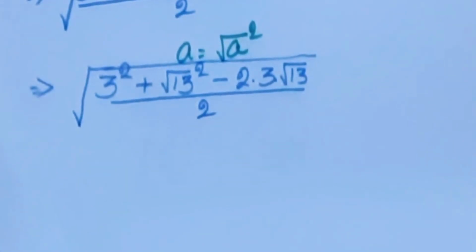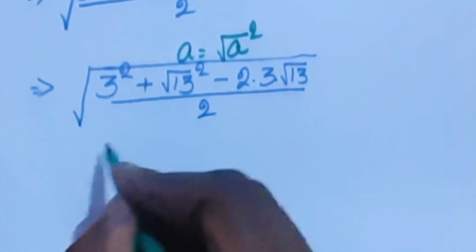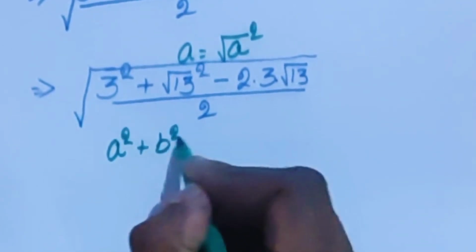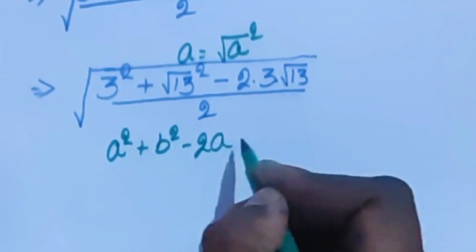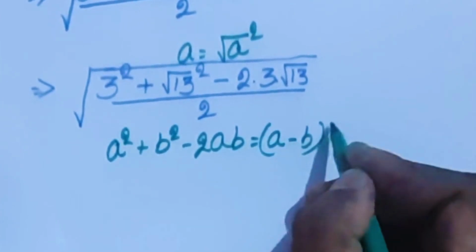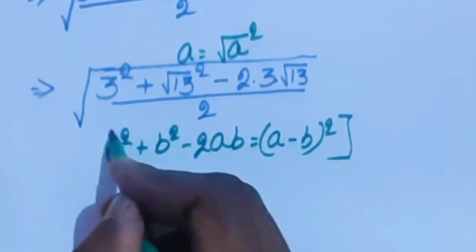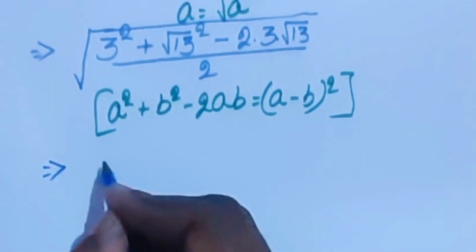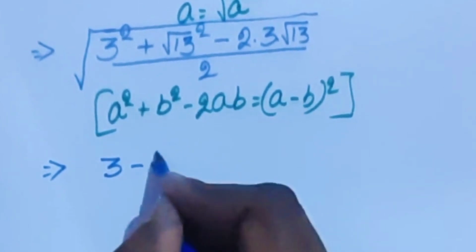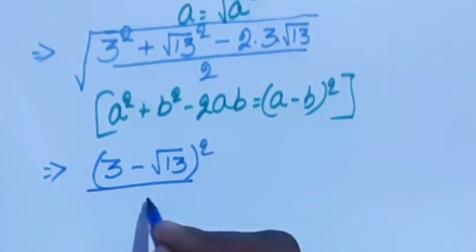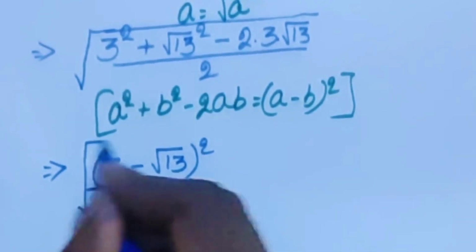Now here we are going to apply this algebra formula, that A square plus B square minus 2AB equals (A minus B) whole square. This we are going to apply here. So (3 minus square root of 13) whole square by 2, in whole square root.